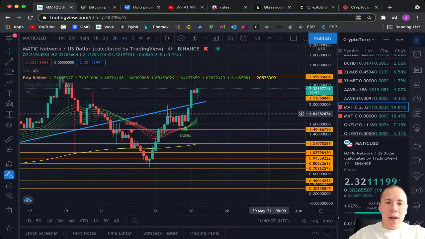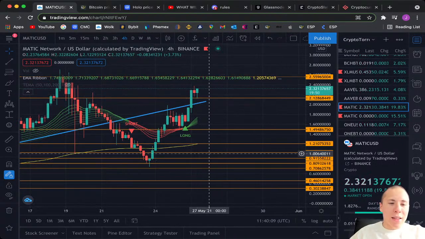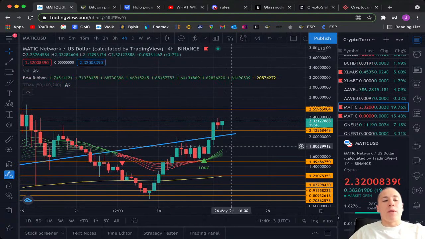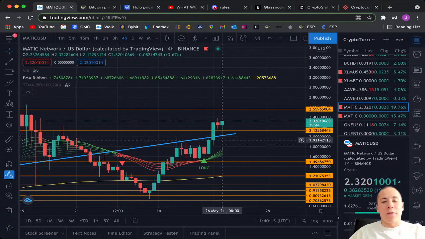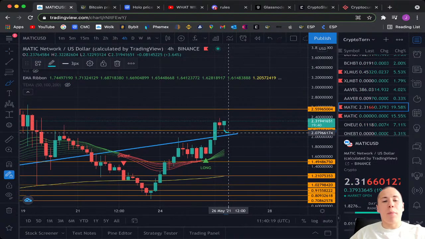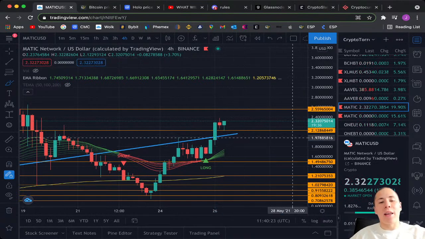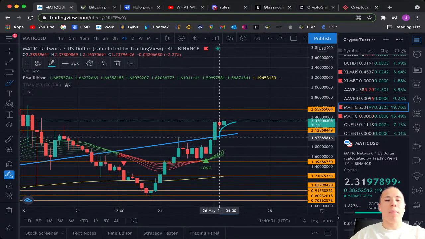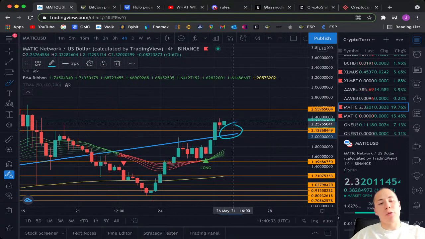But if it stays inside and on top of this upward sloping resistance line, support line, and finds support on top of it, I think personally that would be a great opportunity to accumulate even more Matic if you already have some. And if you do not have Matic but you are interested in purchasing Matic, this is a great place to purchase Matic for sure.